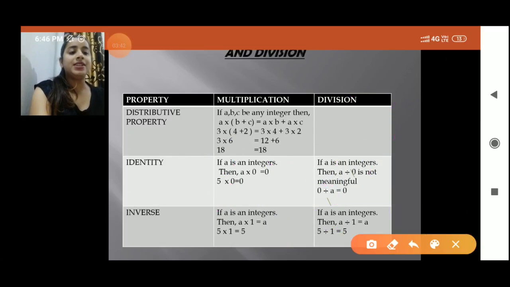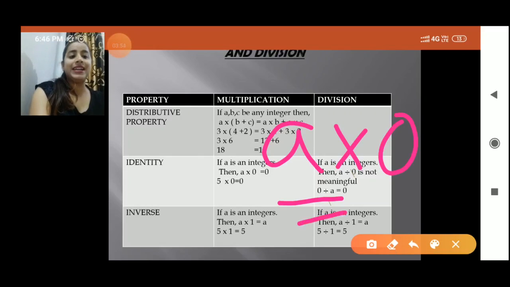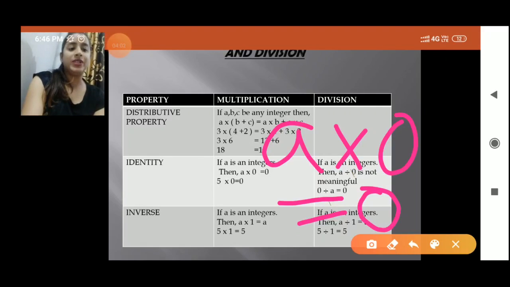Next property is identity property. It states that if we multiply any integer with 0, we will get the same value in all the multiplications, that is 0. Any number multiplied with 0 is 0.